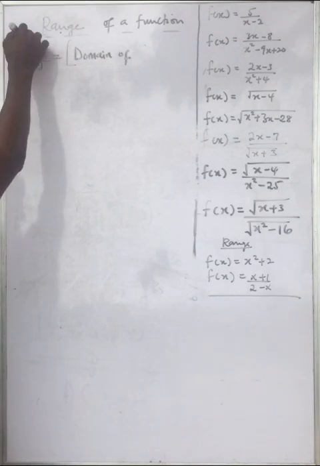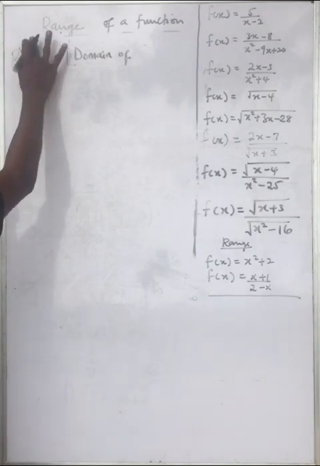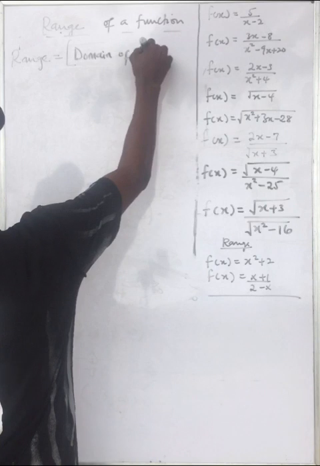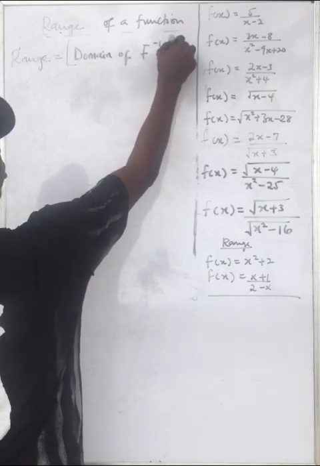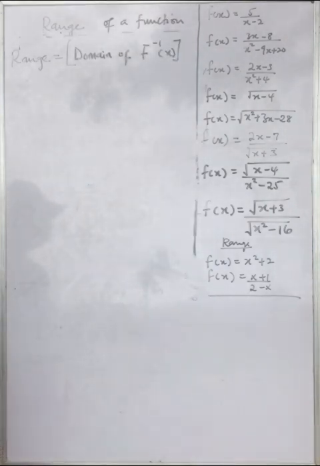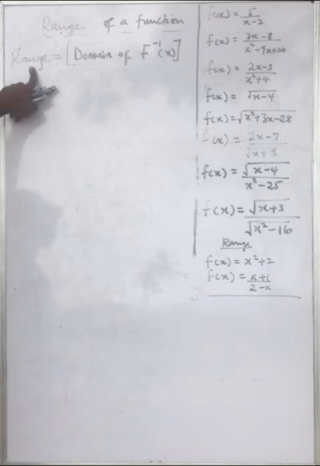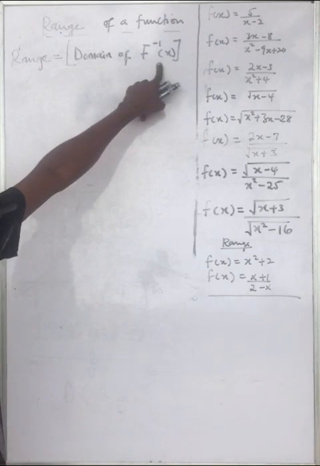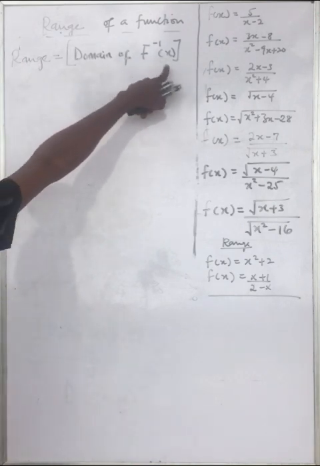The range of a function f of x is equal to the domain of the inverse of that function. That means anytime we are finding the range of a function, we need to find the inverse of that function, then we find the domain of the inverse.